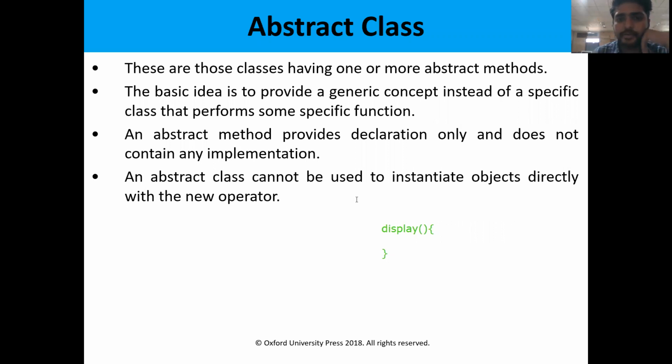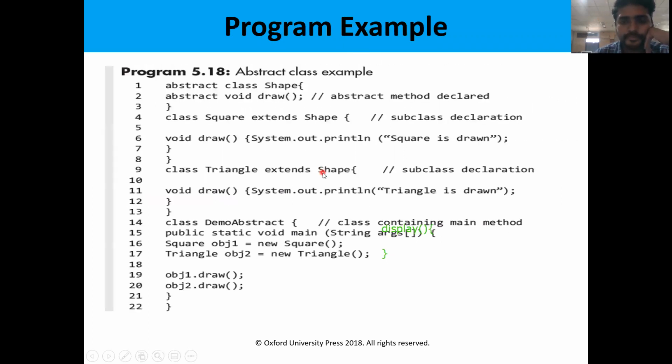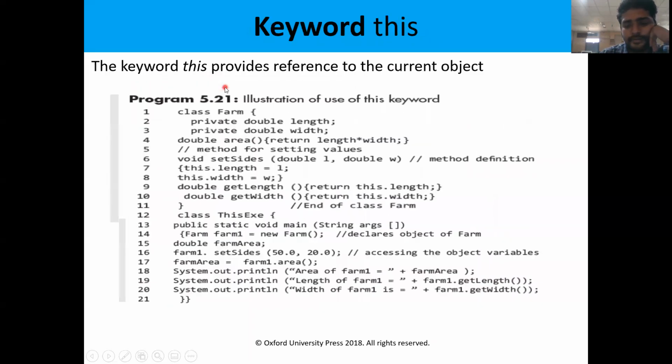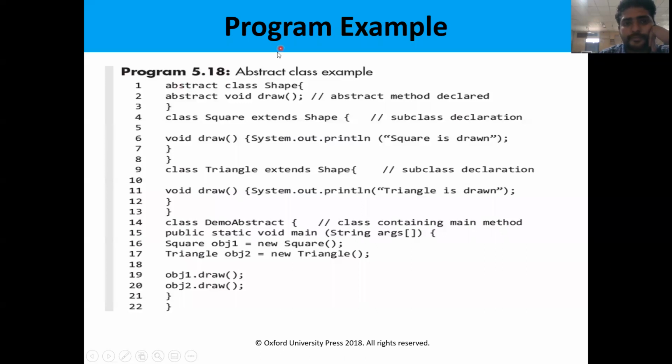Let us see one example. Suppose he declares the class shape. The class name is shape. He declares this shape as abstract.